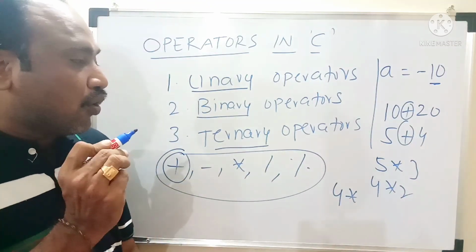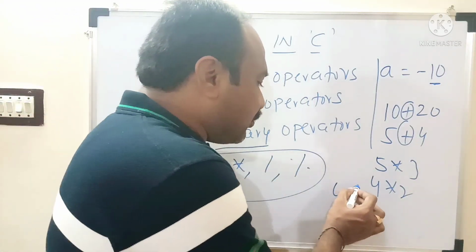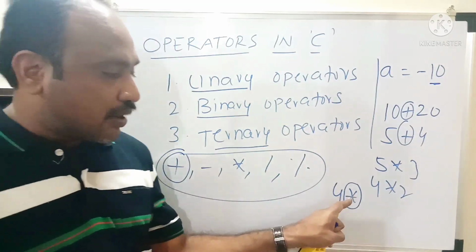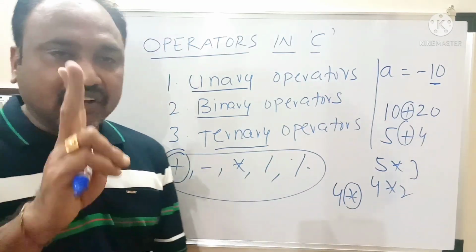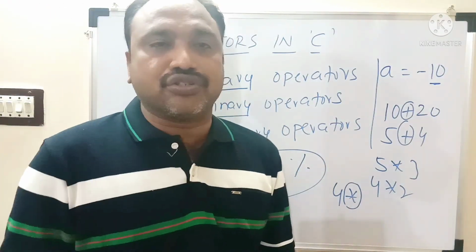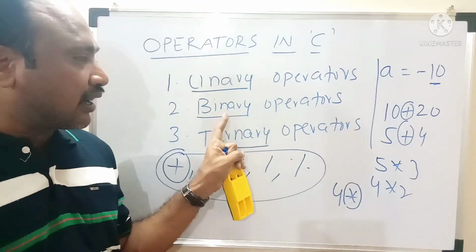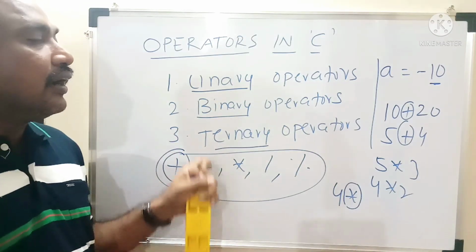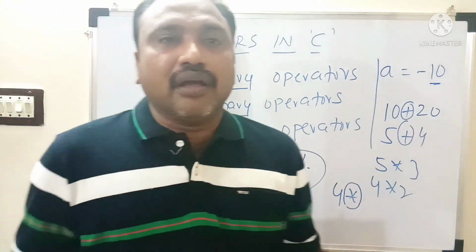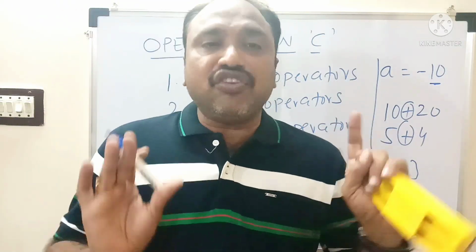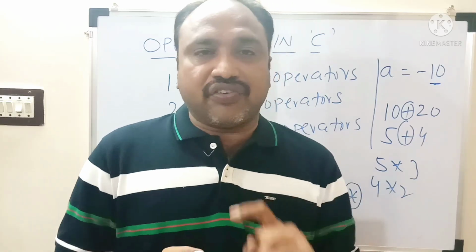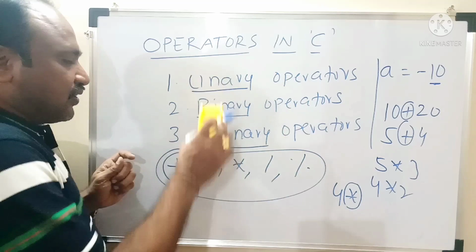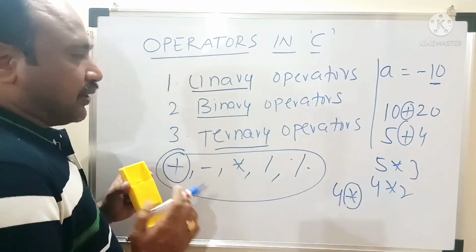That means when you perform an operation on data using some operator, if it requires at least 2 values, it will come under the category of binary operators. The third one is the ternary operator, which requires at least 3 values. These are the 3 categories of operators.